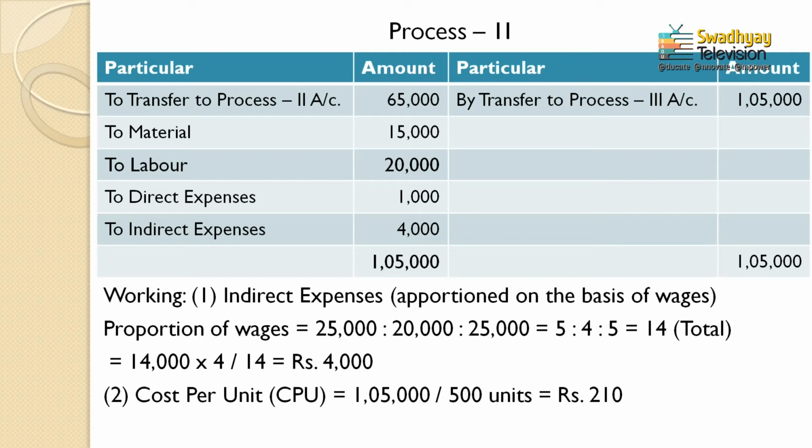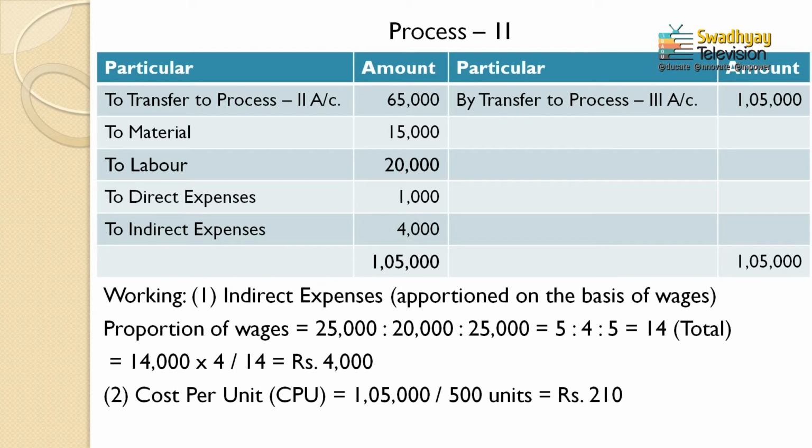Now we have indirect expenses also, as we already have a total amount of indirect expenses given in the question, which we need to apportion. As we already calculated in the process 1 account, we find out the proportion of the wages, and according to the proportion of wages we need to identify the indirect expenses for process 2. What is the proportion for process 2?